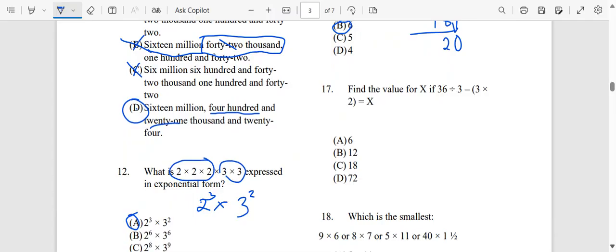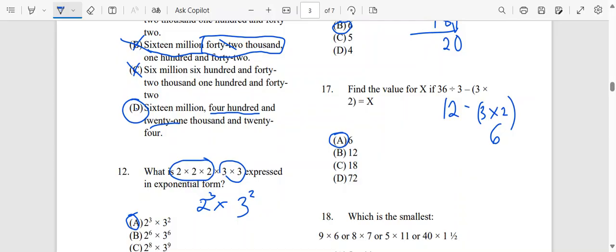All right, let's go. 36 divided by 3 will give us 12, and it said 12 minus 3 times 2. 3 times 2 is 6, right? So 12 minus 6 will give us 6.